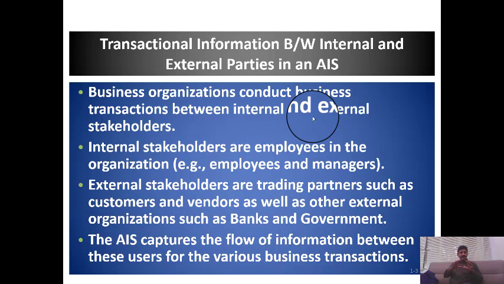It means that the accounting software is not the accounting information system, but the accounting information system is basically the rules, regulations, and processes which take place inside the organization, and these processes, rules, and regulations combined make the accounting information system.